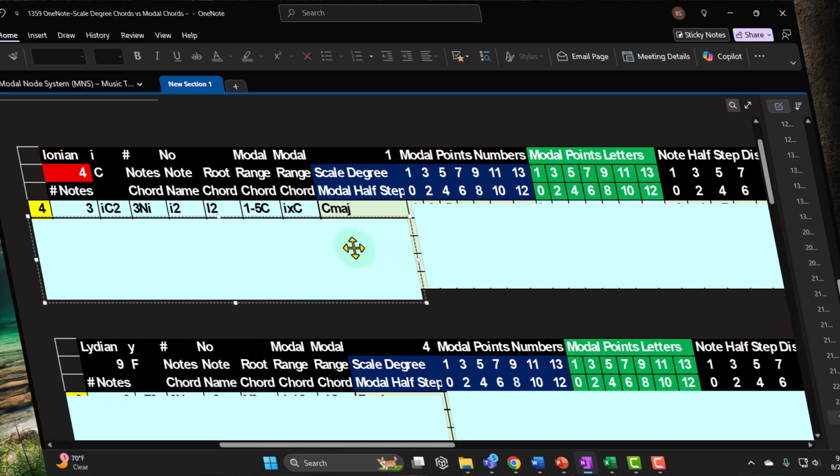Now, if you remove the C and you just call it a generic major chord, notice that major chord doesn't tell you which of the points on the map you're at. It doesn't tell you if you're at an Ionian node or a Mixolydian node or a Lydian node, right? Because you would expect you'd be at one of those 3 points if you're playing a major chord.